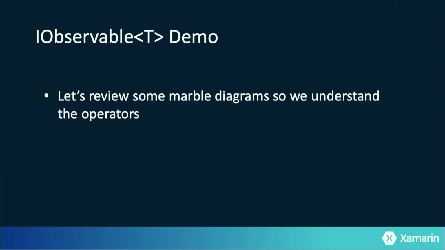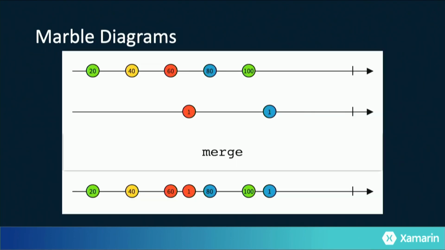So one of the ways you kind of describe stuff with reactive is by using marble diagrams. So there are these ideas of seeing your input and what the output is. So the top two here, this is the vernacular for most reactive information. So anytime you see reactive operators described, they're always described in this format.